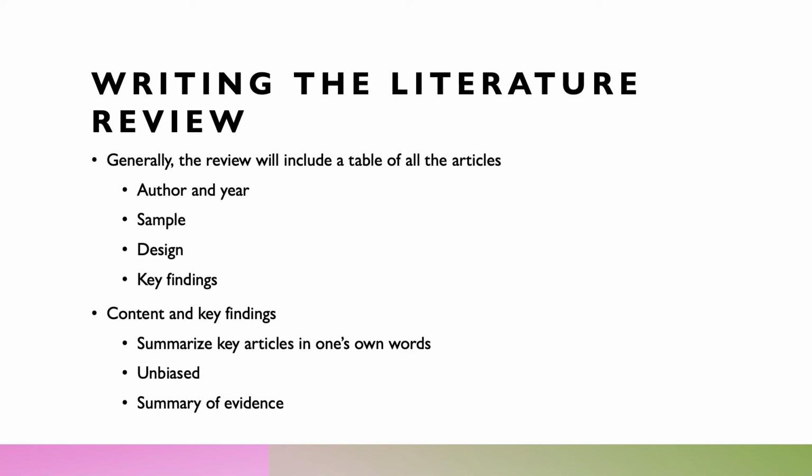That being said, a lot of people are very invested in the work they're doing. It is not okay to eliminate articles because they disagree with your hypothesis or because they disagree with the other articles. And then finally, in the end, you want to summarize the evidence.